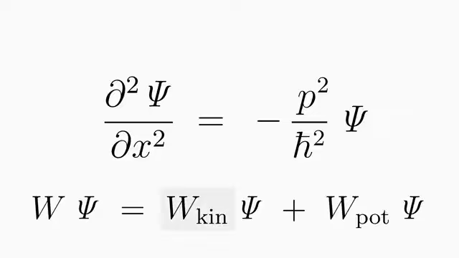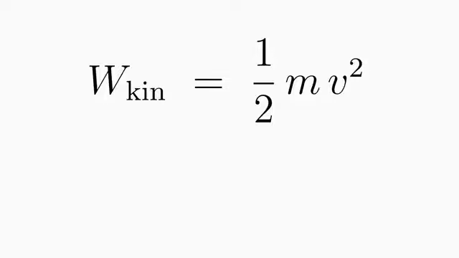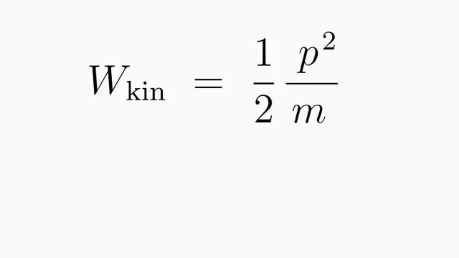Now, to bring the kinetic energy into play, replace the momentum p squared with the help of the relation kinetic energy is equal to p squared over 2m. You can easily obtain this form from 1/2 mv squared by rearranging the momentum p is equal to m times v, squaring and inserting it into velocity v.